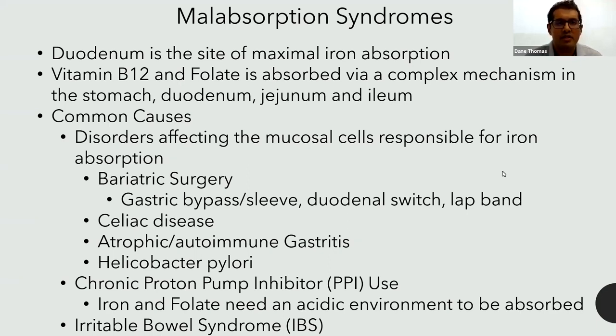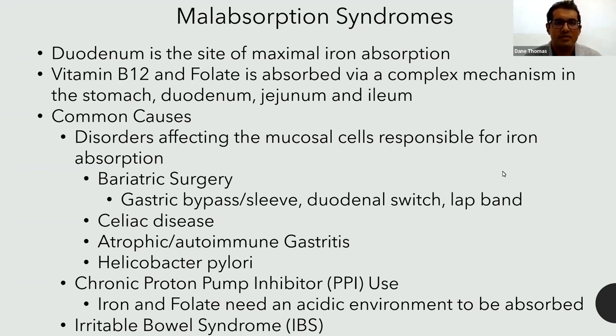So iron is absorbed maximally in the duodenum of your body. Your B12 and folate are absorbed in the GI tract via a complex mechanism in the stomach, duodenum, jejunum, and ileum.